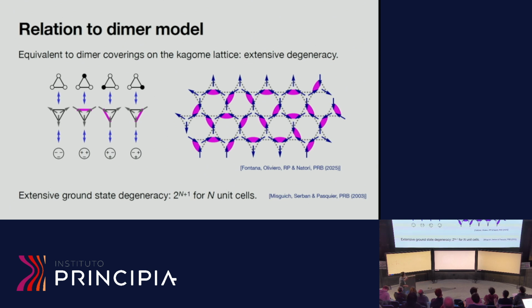I'm going to explain more in the next slide, where the arrows that point outward will be minus signs, and pointing in are plus signs. Because of all these possible representations, this model has been studied before in the context of dimer coverings of the Kagome lattice, and it's known that it has an extensive ground state degeneracy that grows exponentially with the number of unit cells.